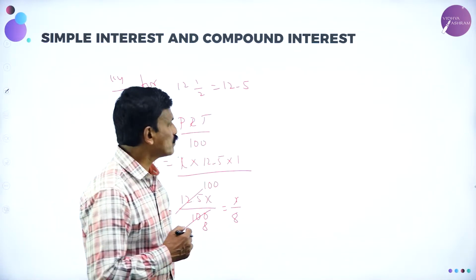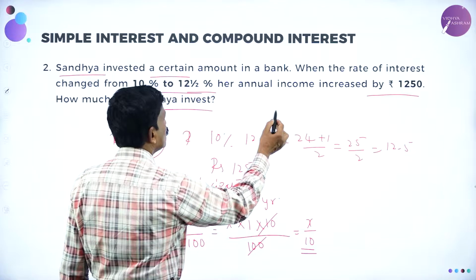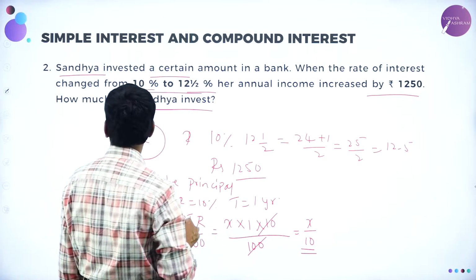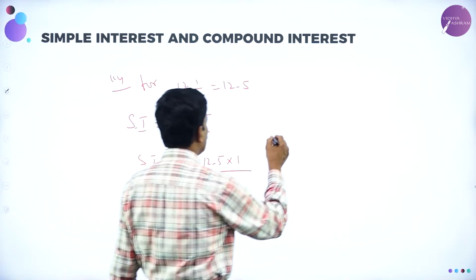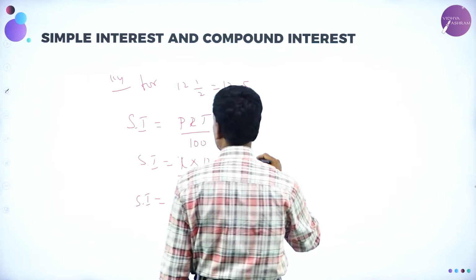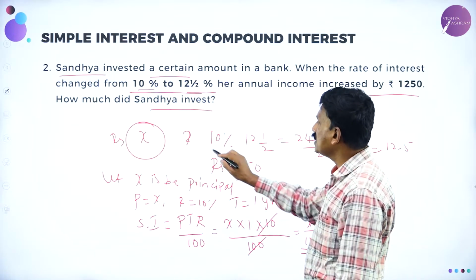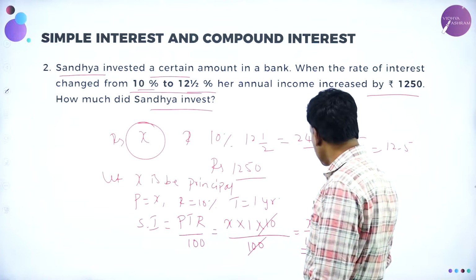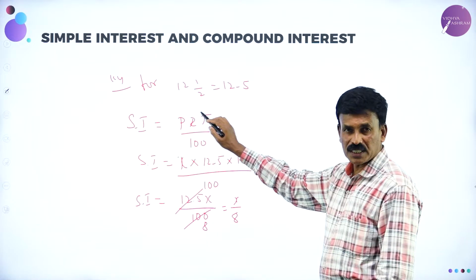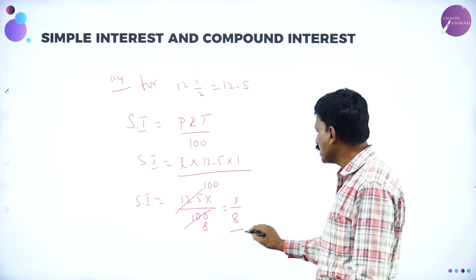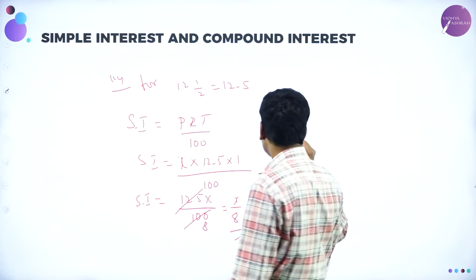Now what is given in the problem? Our annual income increased by 1250. So the given condition is to take the difference between these two. The interest for 10% is X by 10 and the interest at 12.5% is X by 8. The difference is 1250.